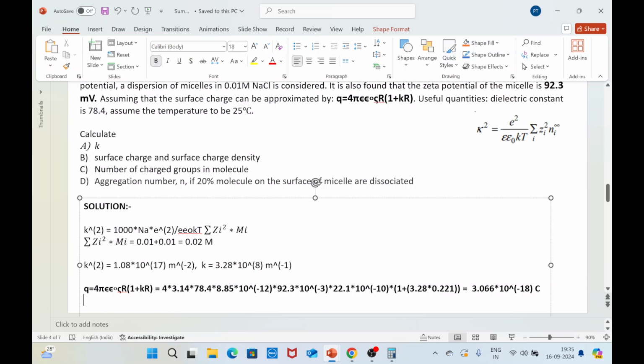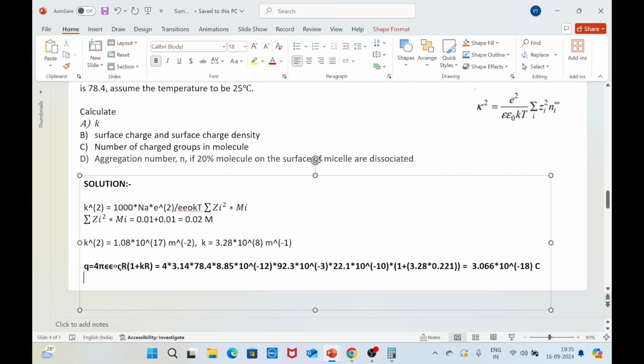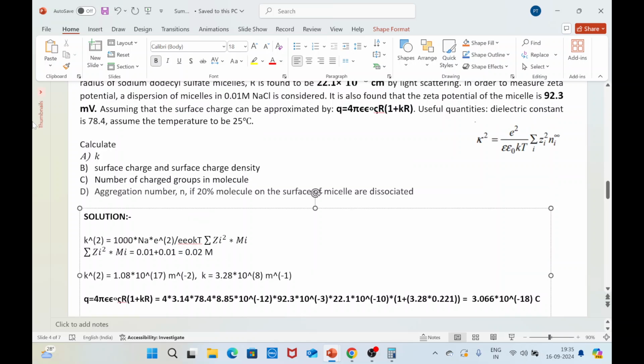So your surface charge density, let us move to the next slide.